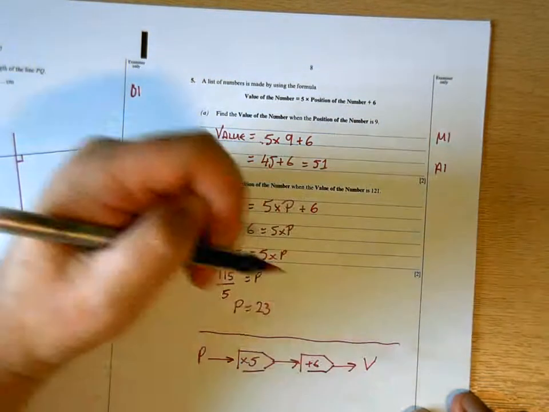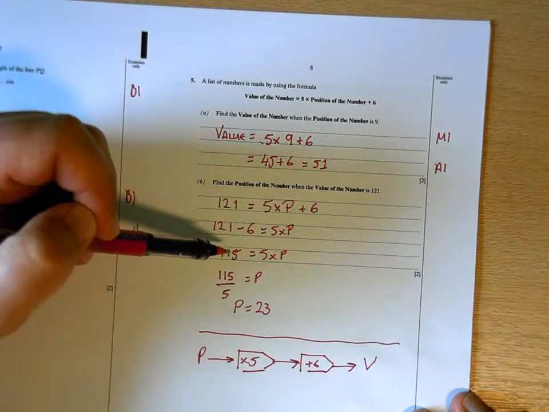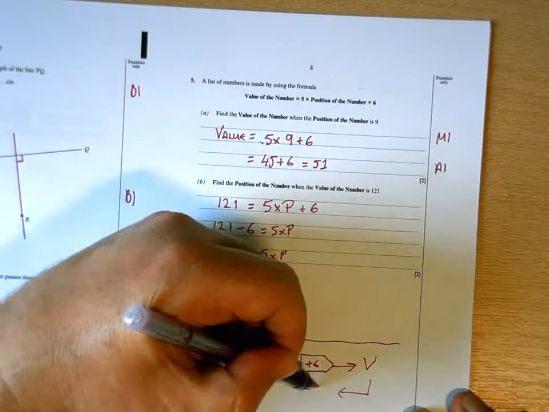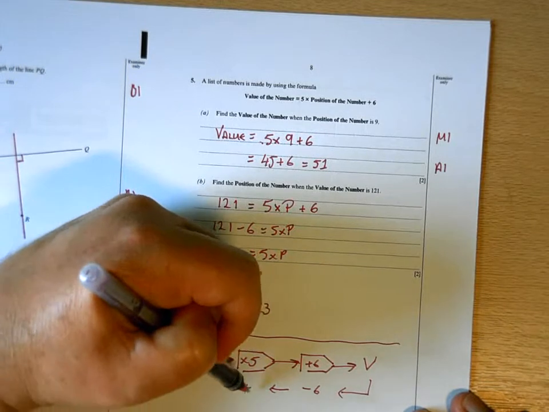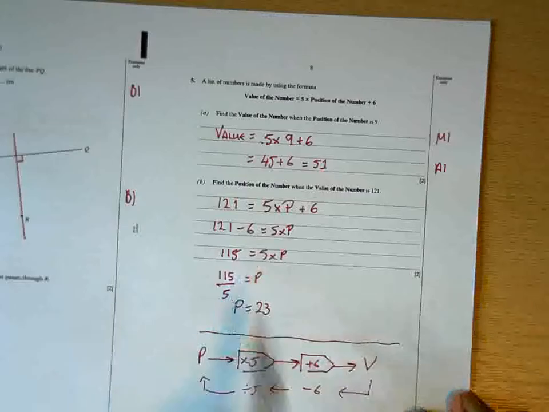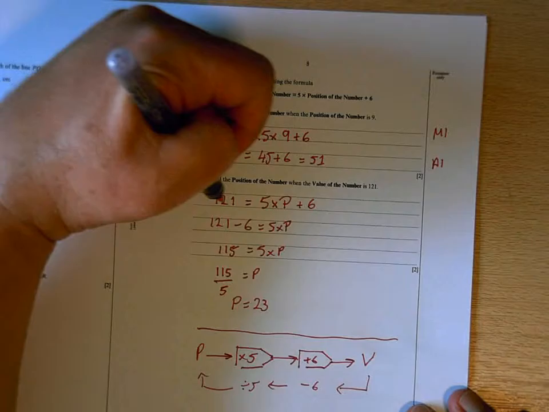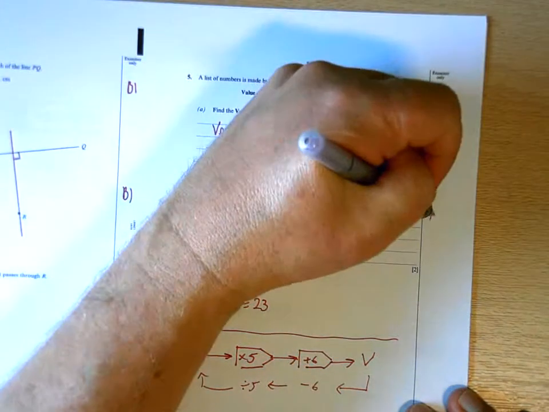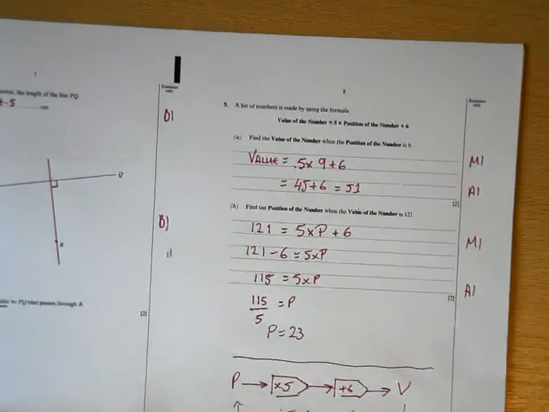Now if you're going backwards through a number machine, which is what we're doing in part B, you have to change these to their opposites. So the first thing you would do is subtract 6, the next thing you would do is divide by 5 to give you P, which is what we've done in the stages up there. So the maths for this is, first of all, you get a method mark for correctly writing that out with all the information in, and you get an answer mark for getting the correct answer of 23.